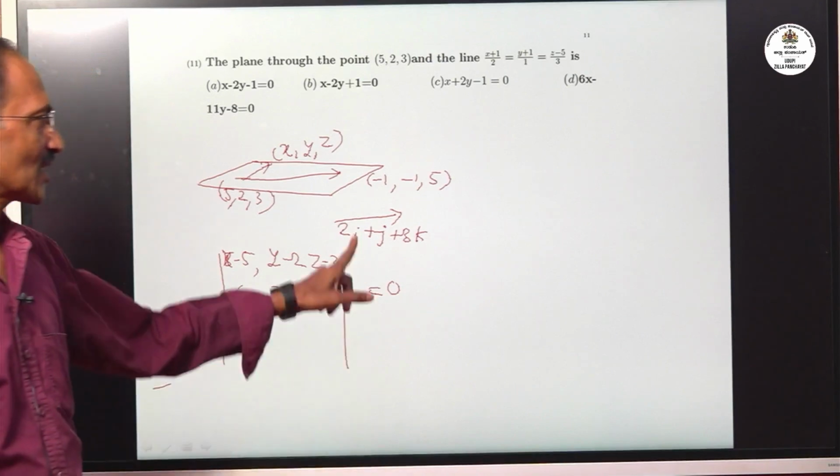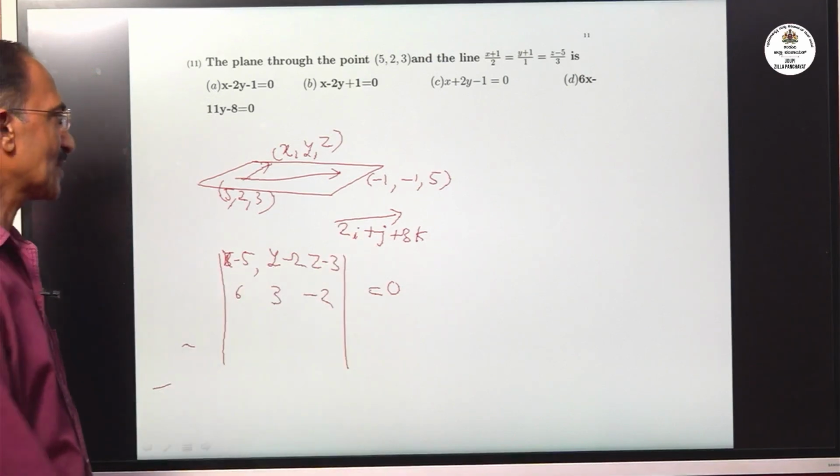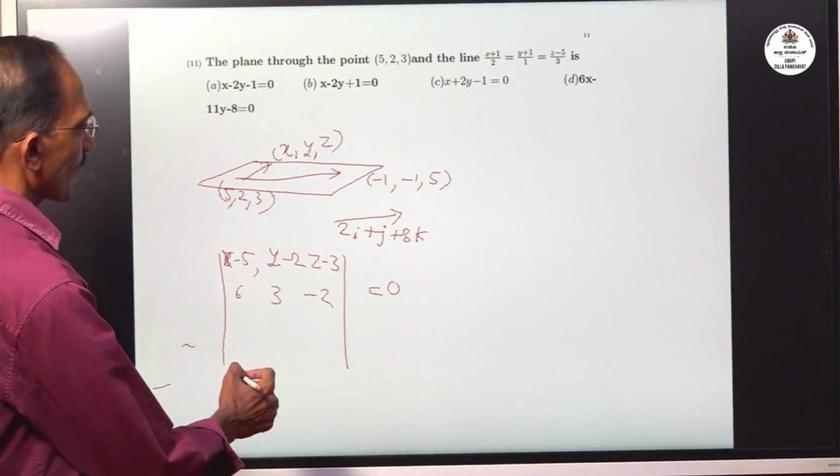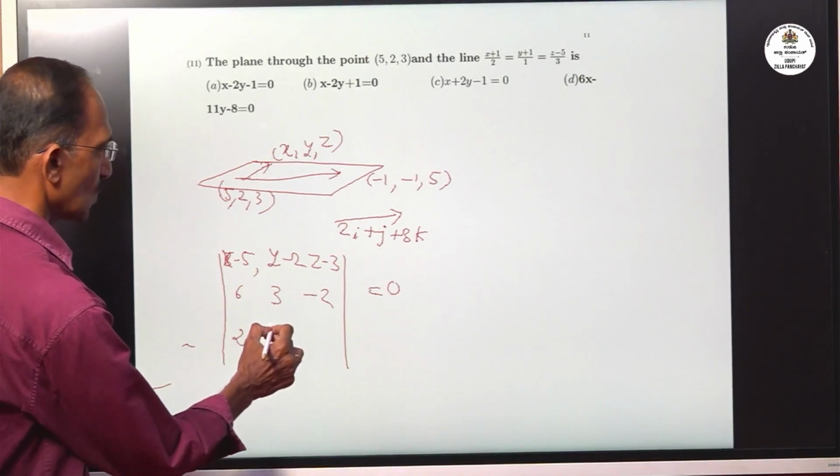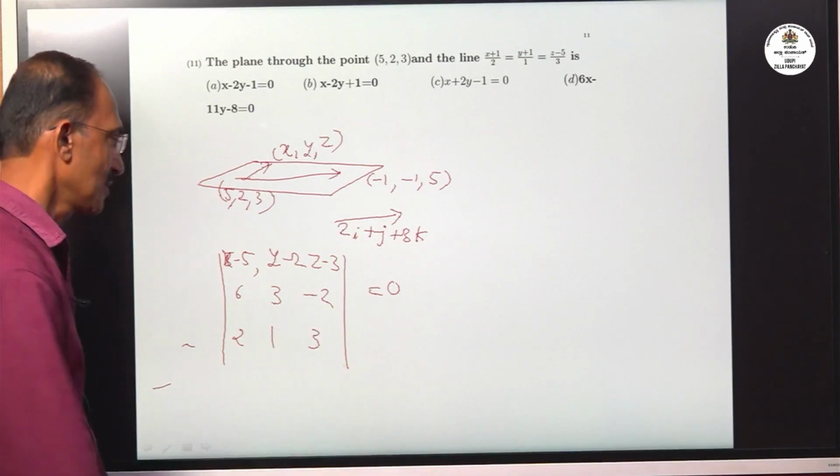So another vector is 2i + j + 3k, and you write the components: 2, 1 and 3.